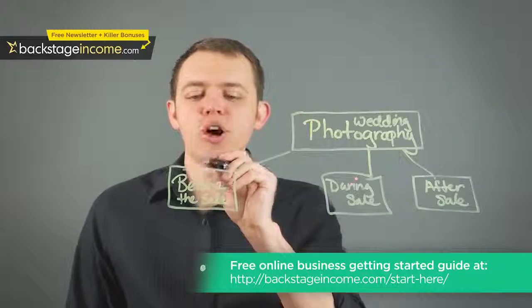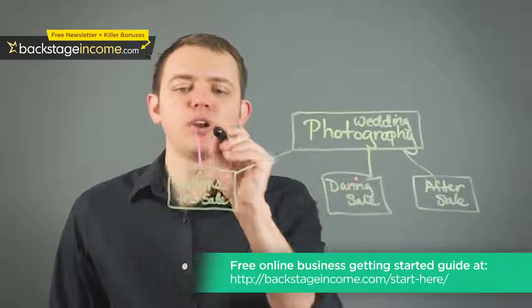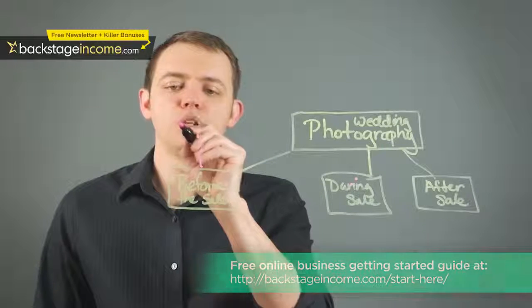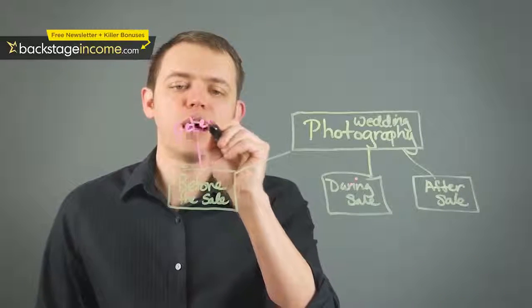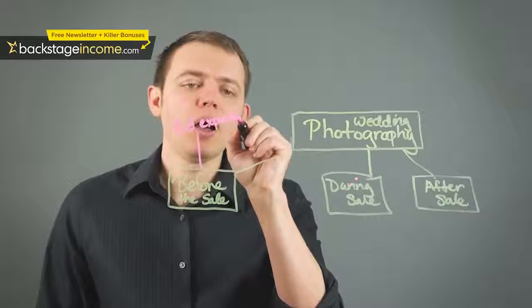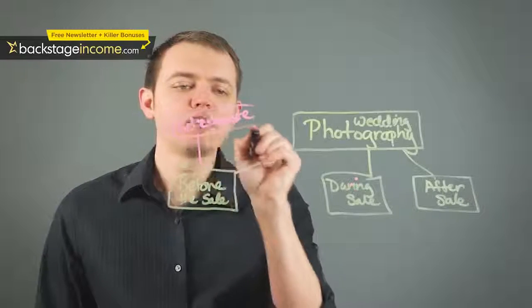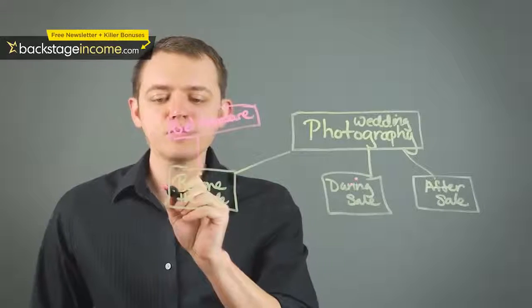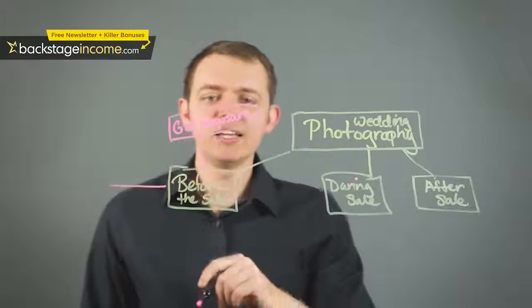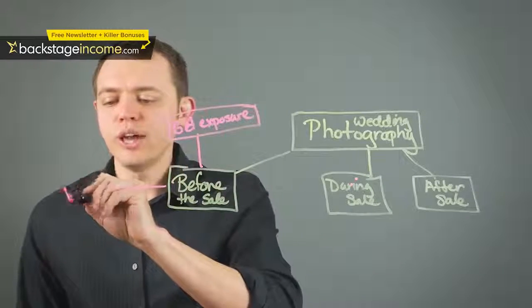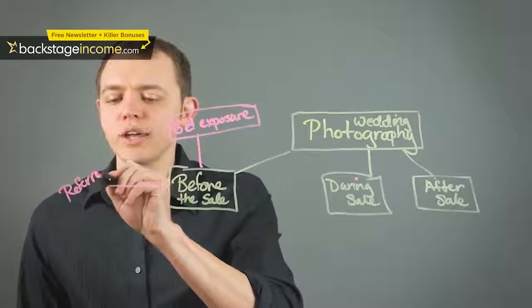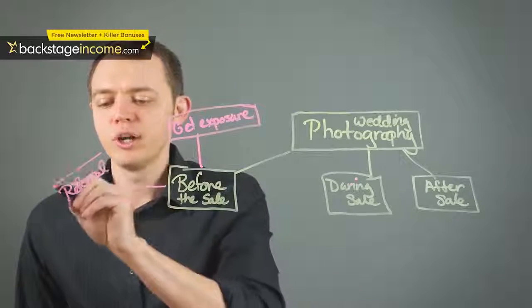But now you start drawing some bubbles. So before the sale, it might be about how to get exposure. Okay, so how do you get exposure? These are some of the things that photographers are concerned about. And then another thing before the sale is how do you get referrals? Okay, this is kind of part of the exposure, but it could be a referral.